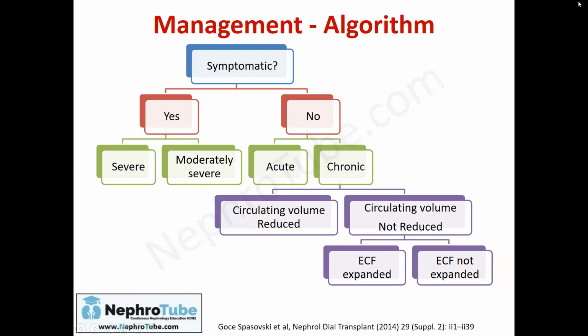If chronic, it depends on the circulating volume. If it is reduced, we will use saline. If it is not reduced with edema, we will have fluid restriction with diuretics. If it is not expanded, we will have fluid restriction with urea or with sodium chloride tablets.